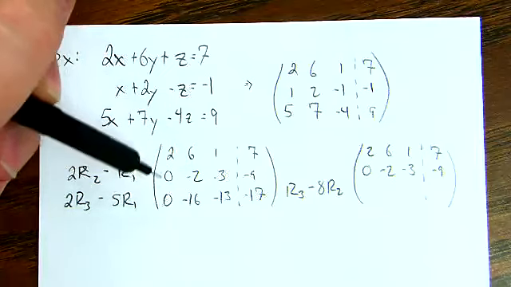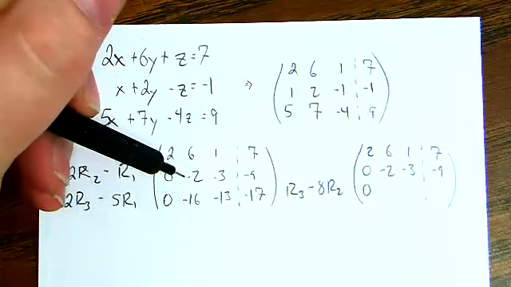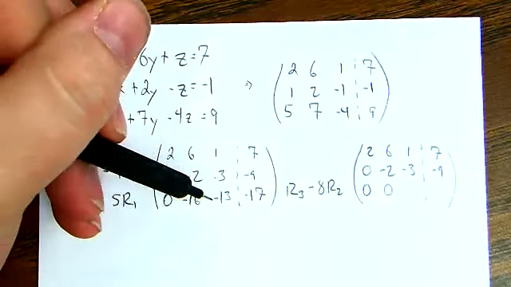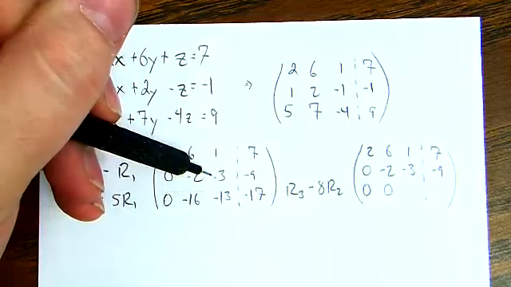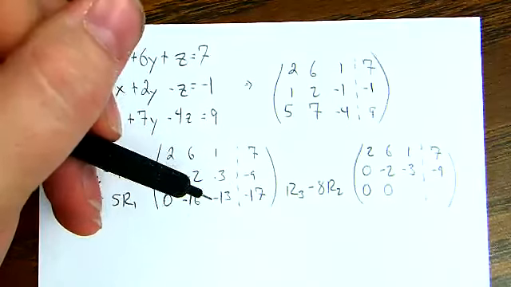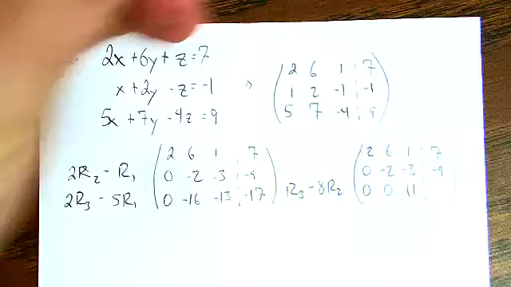This minus 8: 0 minus 8 times 0 is just 0. Negative 16 minus 8 times negative 2. Negative 8 times negative 2 is positive 16. Negative 16 plus 16 is 0. Negative 13 minus 8 of these. Well, negative 8 times negative 3 is positive 24. Negative 13 plus 24 is 11.